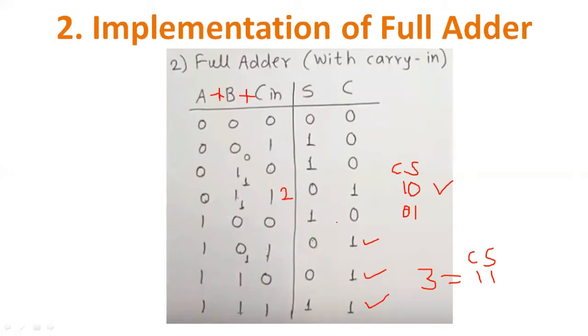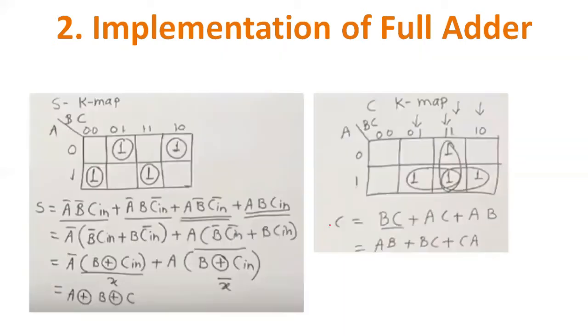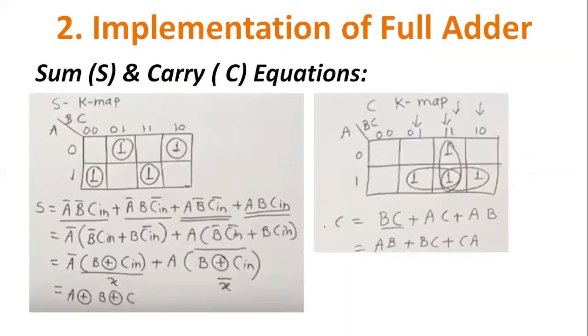Now let us see the K map for sum and carry. We have to obtain the sum equation and carry equation, and for that we have to draw the K map. Okay, so this is about the K map.